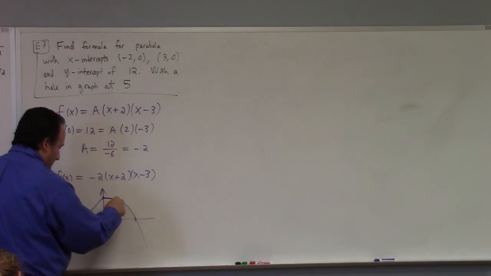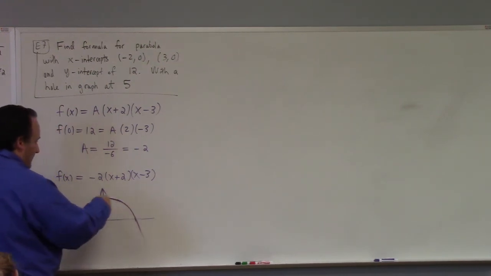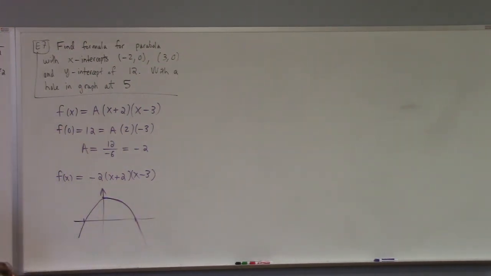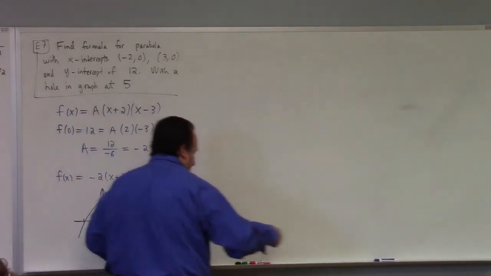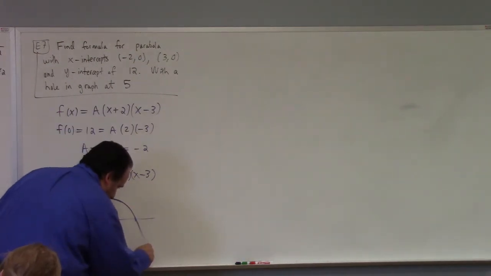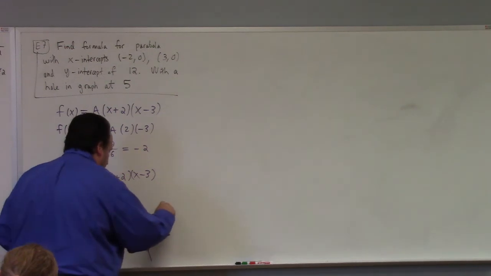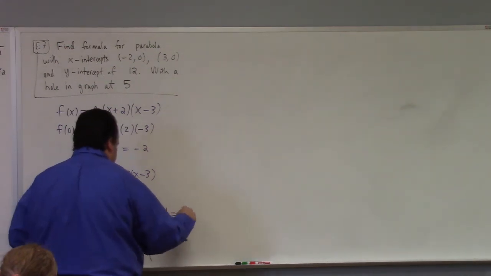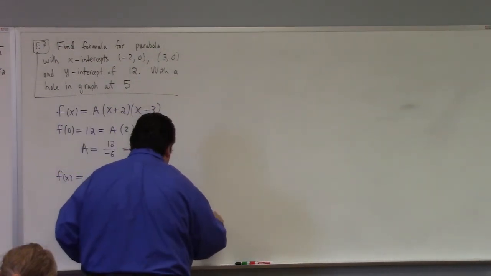All right, anyway. How do I punch a hole in the graph? Let me call the formula for that g of x. So I mean, I can picture it, right? It's like down here somewhere, put a hole. So to get the hole, I just do the same formula as I already have.